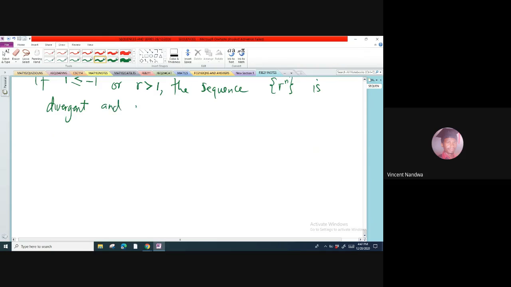And so for the geometric series, the limit as n approaches infinity does not exist.